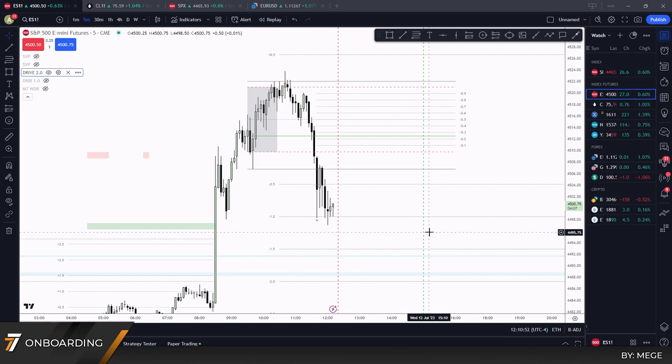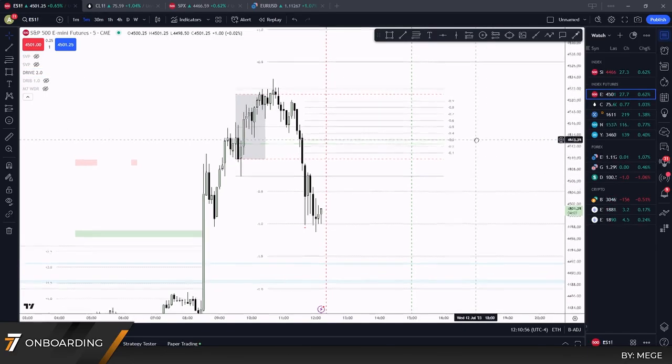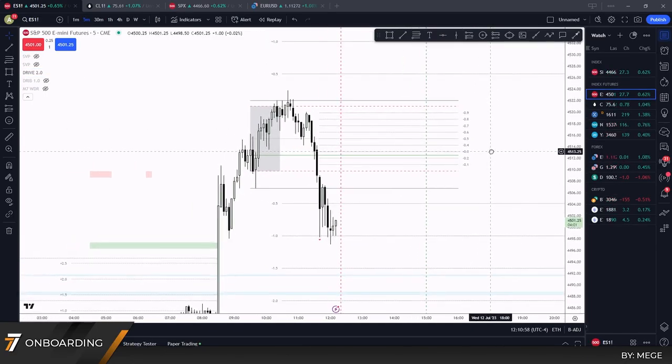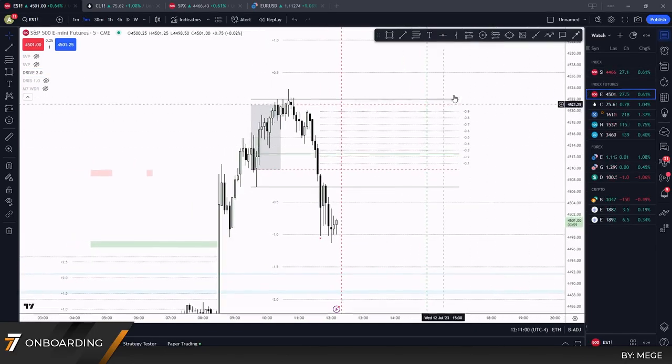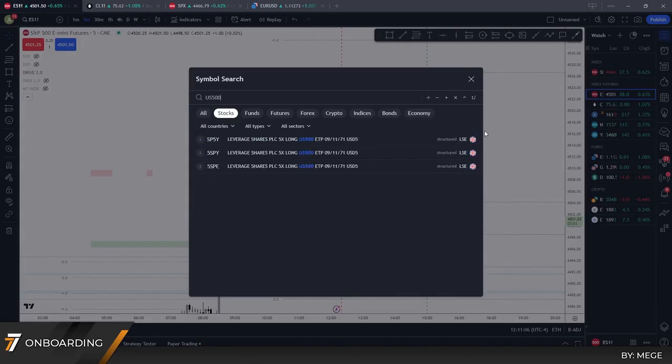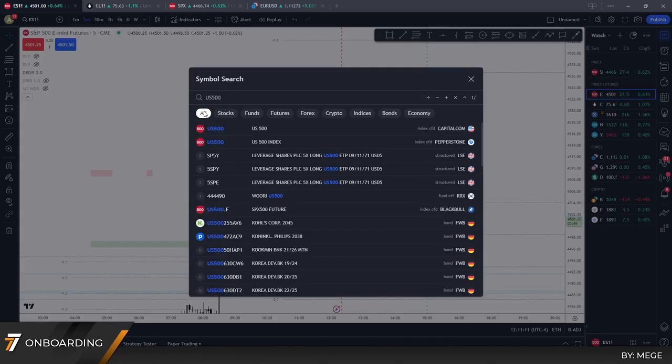Axeman, yes. CFD, that's the way to go. Obviously, it's a bit less clean. My recommendation to you is, even if you're trading the CFD, so for example US 500, this one, it's a CFD, right?